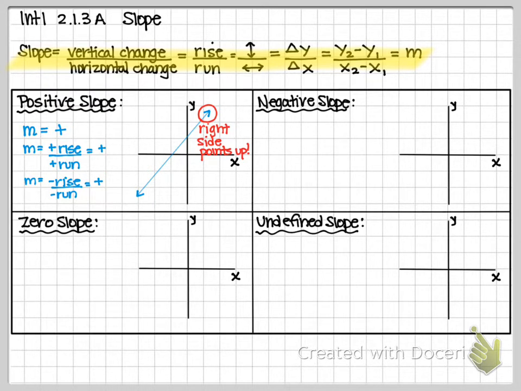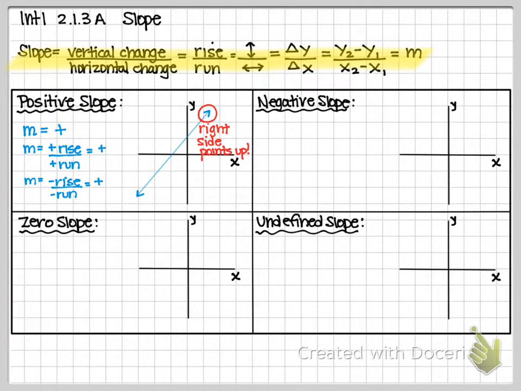It will always do that. So make sure that you have that written down. It's a nice visual indicator. So you can look at a graph with however many lines on it, and you can pick out the positive sloped lines immediately because you can see which ones are pointing up to the right.